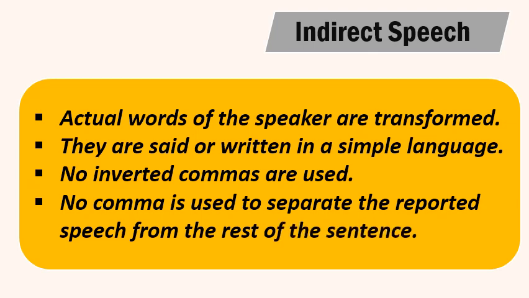Or in simple way, we can say that the actual words of the speaker have not been reported, but only the substance of his words has been given. This way of representing or reporting is called indirect speech or indirect narration.